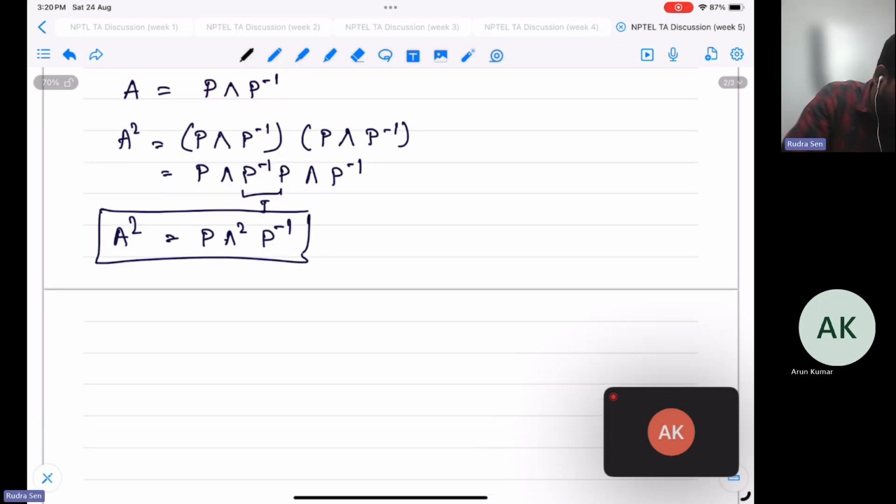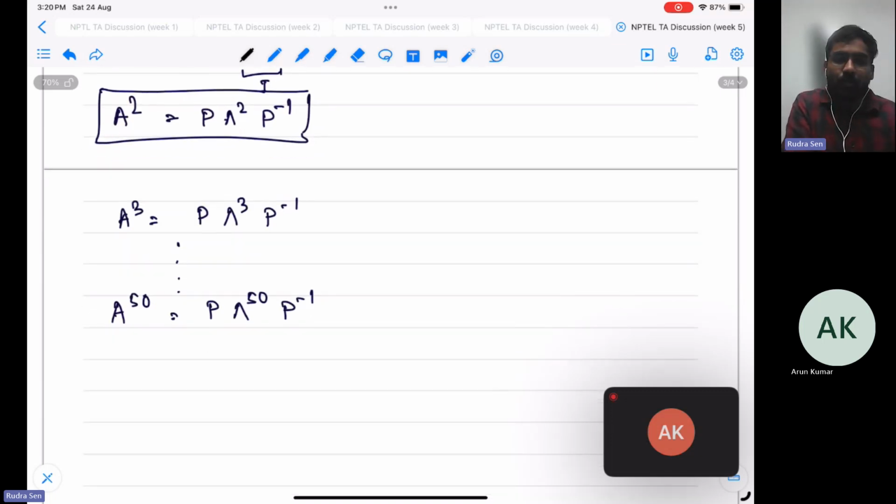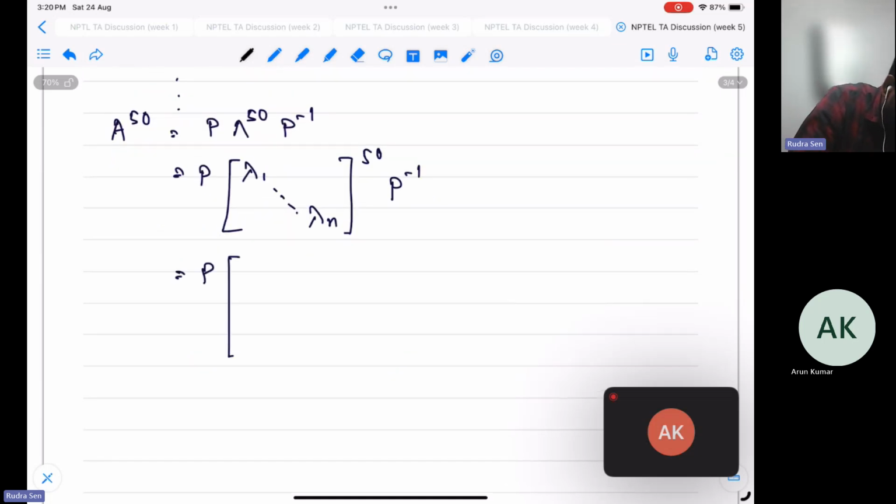Similarly, A cube equals P lambda cube P inverse. And similarly, if we do A to the power 50, we get P lambda to the power 50 P inverse. Since lambda is a diagonal matrix containing the diagonal elements lambda 1 to lambda n, lambda to the power 50 is basically lambda 1 to the power 50, lambda 2 to the power 50, up to lambda n to the power 50.